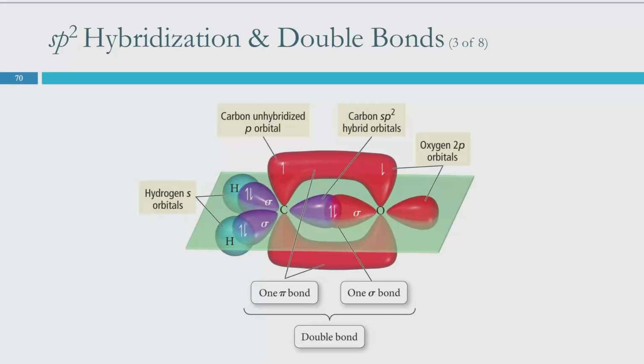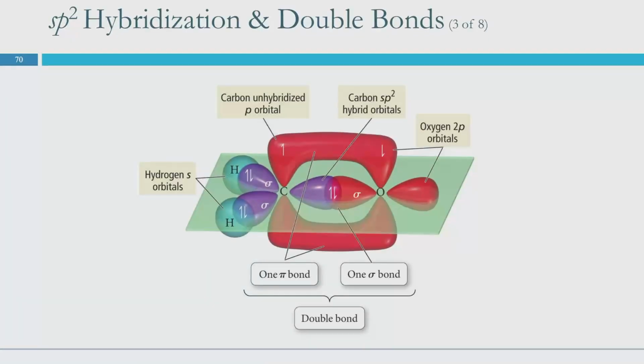And here's what that looks like. Here we're trying to show it in 3 dimensions. So we've got this green plane that's flat, like a table. And we've got one of the hybrid orbitals bonding with a hydrogen that's coming out in the front, one going back behind.